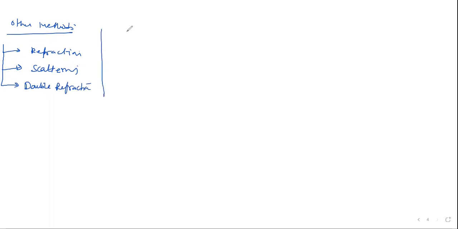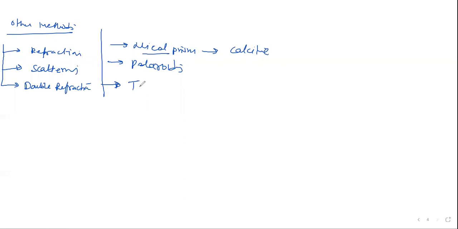We have some devices also, like the nicol prism, made of calcite material. We have Polaroids; your sunglasses are Polaroids, so we can get it from there also. Then there are materials like tourmaline crystals. So there are many ways to get polarization of light. This is not much important.